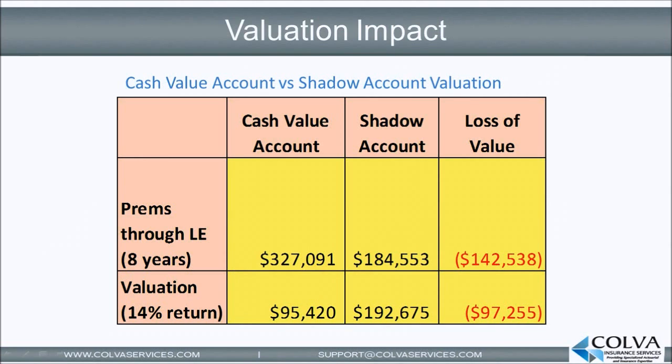So the life settlement investor is getting a safer 14% return by using the shadow account minimum premiums. Furthermore, if you're a life settlement investor in the field with a portfolio of policies, you're probably sitting on tens of millions of dollars of unrealized value because you've used cash value premium schedules in your portfolio as opposed to shadow account minimum premium schedules.